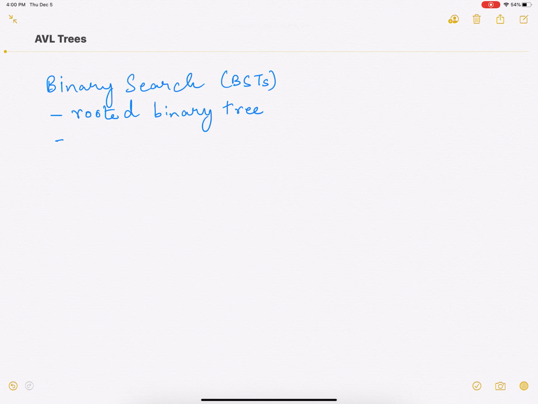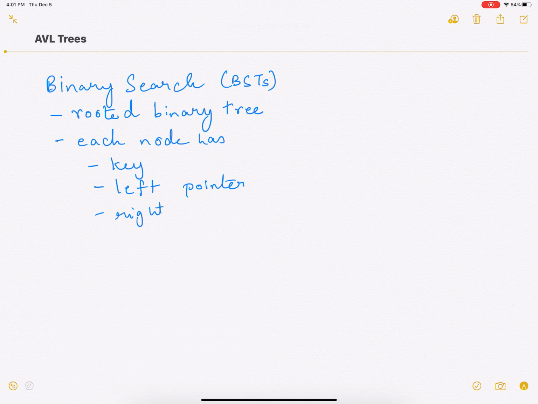Each node has a key, a left pointer, a right pointer, and a parent pointer. So these are the things that a node in a binary search tree has. This is just a quick recap so that we can understand AVL trees.